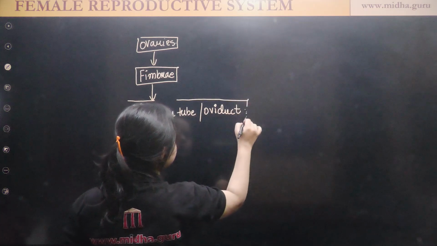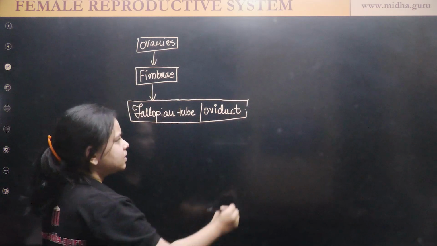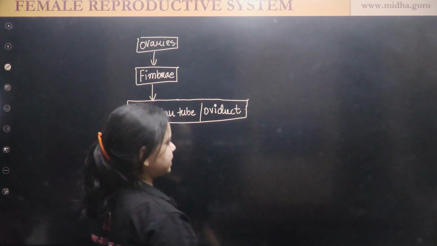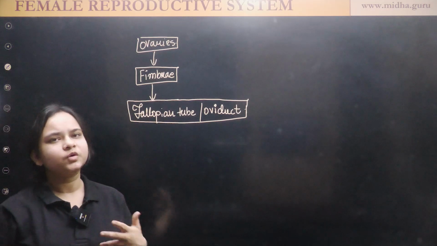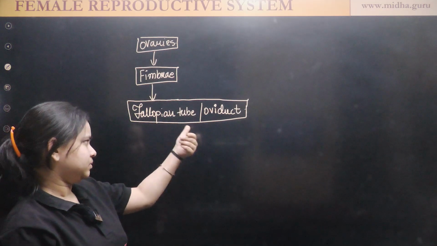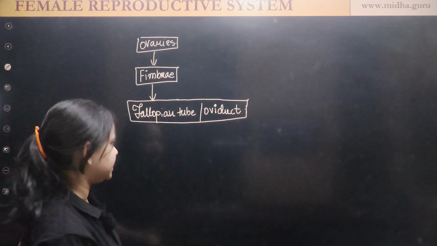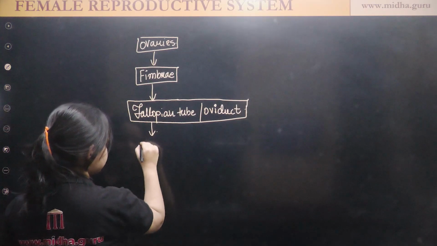One more thing needs to be mentioned here. This fallopian tube is basically divided into 3 parts. For 10th standard, it is not required to learn all 3 parts. When you go to higher classes, you will get to know all the sub parts of the fallopian tube as well. Next, after the fallopian tube, is the uterus.